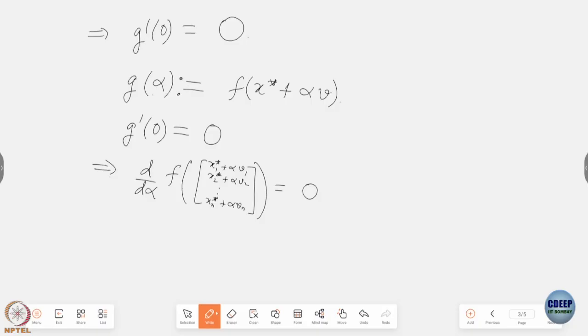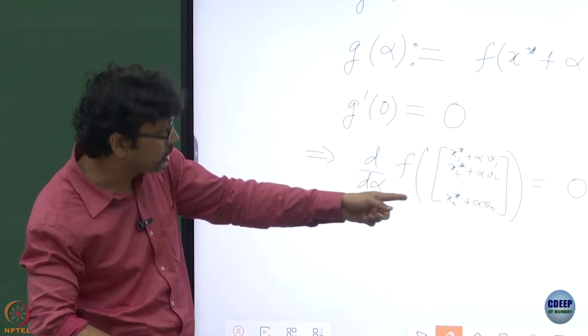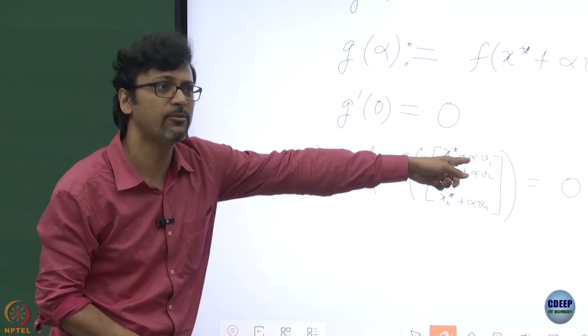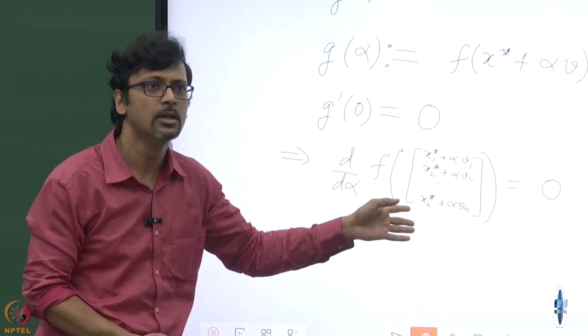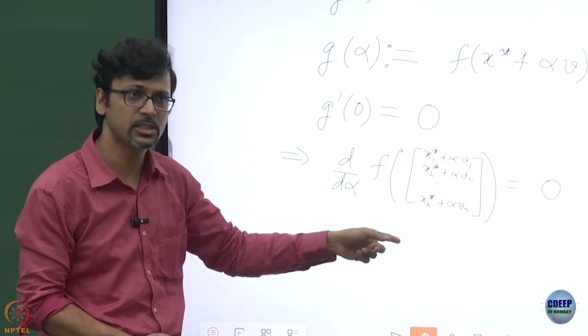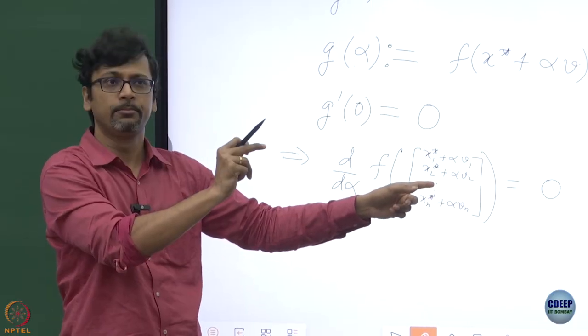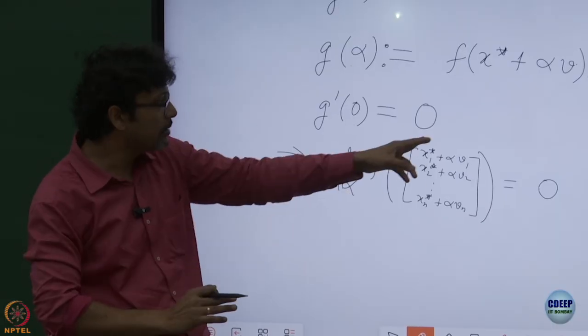So what do we do now? Of course, we apply a good old differentiation using the chain rule. Remember, this object is taking the place of x1, this object is taking the place of x2, and similarly, this object is taking the place of xn. So by chain rule, this is a function in n arguments, each of them parameterized in terms of alpha and alpha alone, because x1 star, v1, x2 star, v2 are all constants according to the choice of the point x star and the direction v. So they don't vary. The only variable here is alpha.